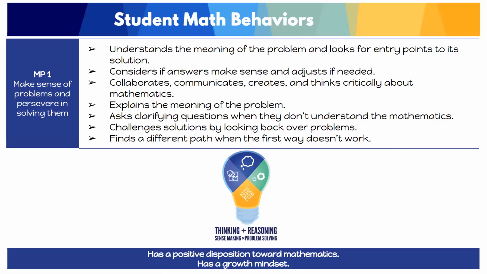We are going to find different ways to do our work, okay? We're also gonna be collaborating and communicating, and when we're communicating with our partners, we're gonna think critically about the math that we have to do. And also, to persevere in solving it, we have to make sense and justify if we need to. So that's gonna be our norm for today. We're gonna behave like mathematicians today by making sense of our problem.